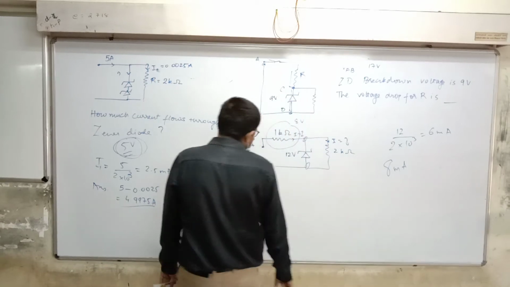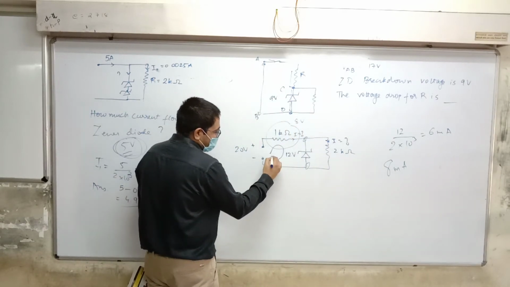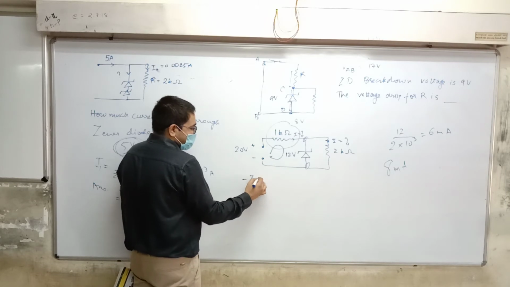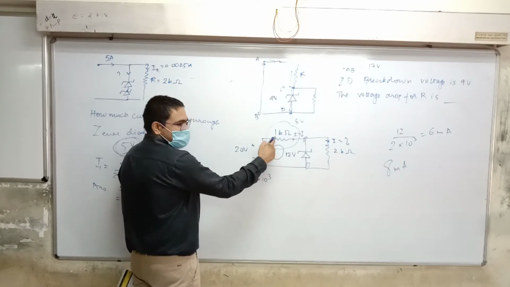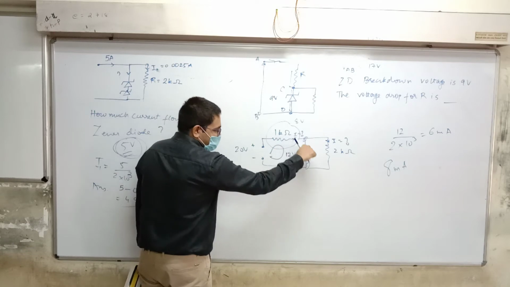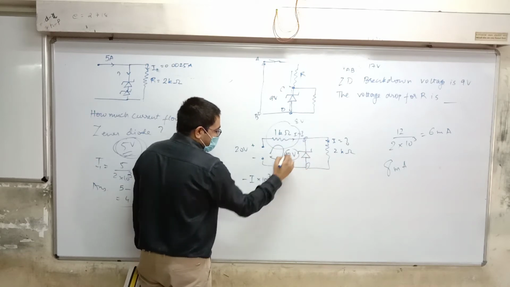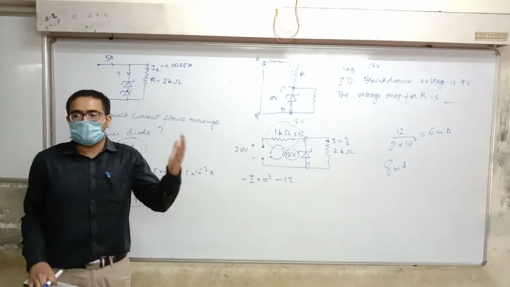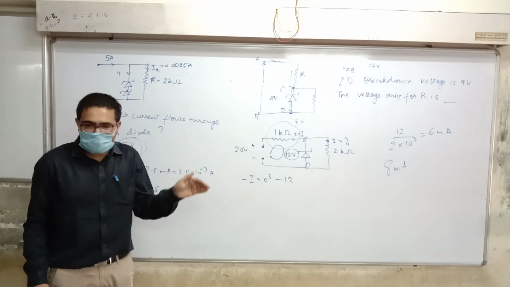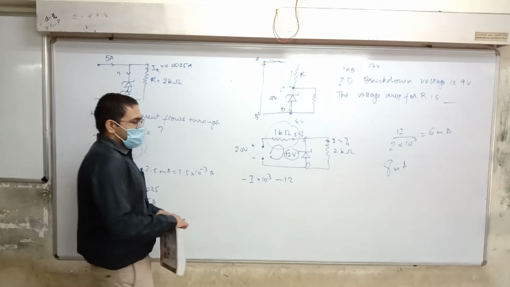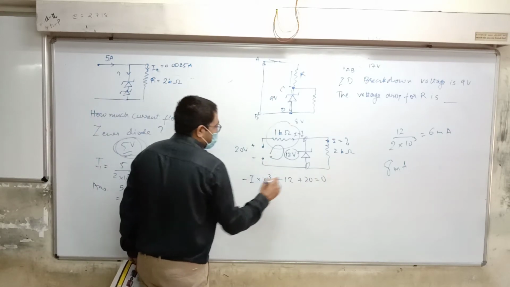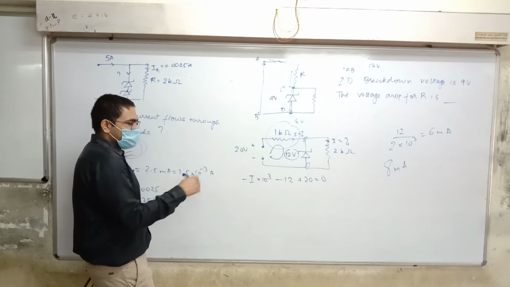Use Kirchhoff's law. Starting from here, minus I into 10 raised to 3. Now when you go from here to here, there is a voltage drop of 12 volt, so minus 12. I hope you remember that when you go from higher to lower, you write negative. Correct? And then you come back through this, so plus 20 equal to 0.